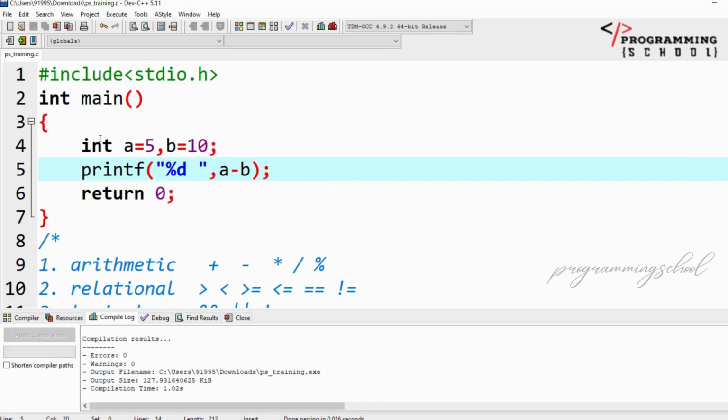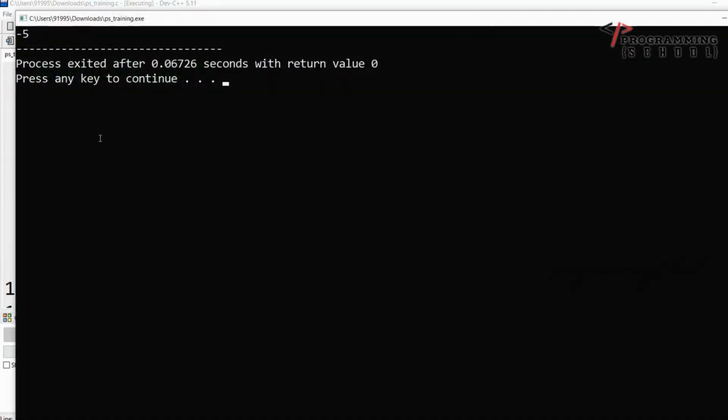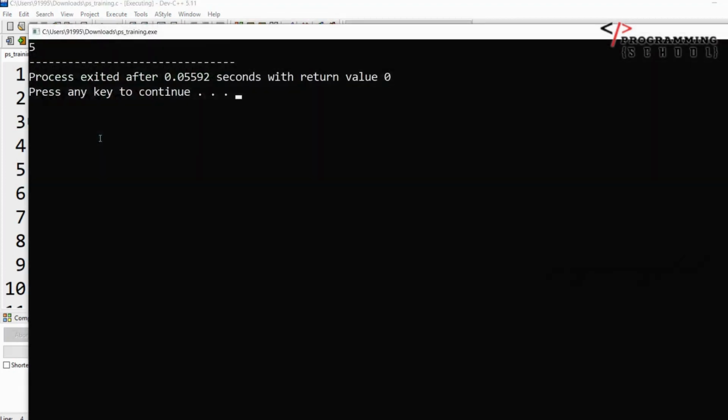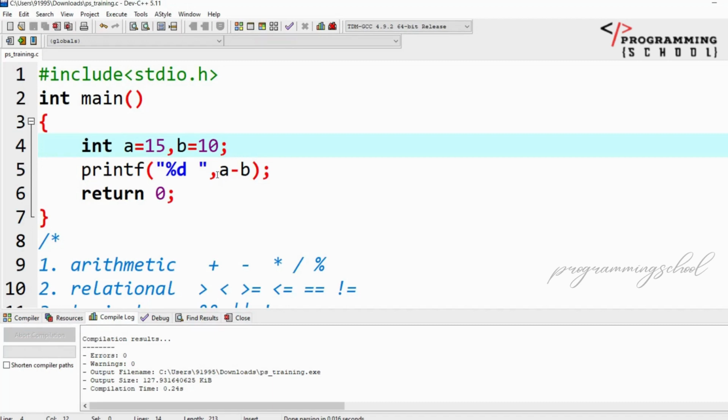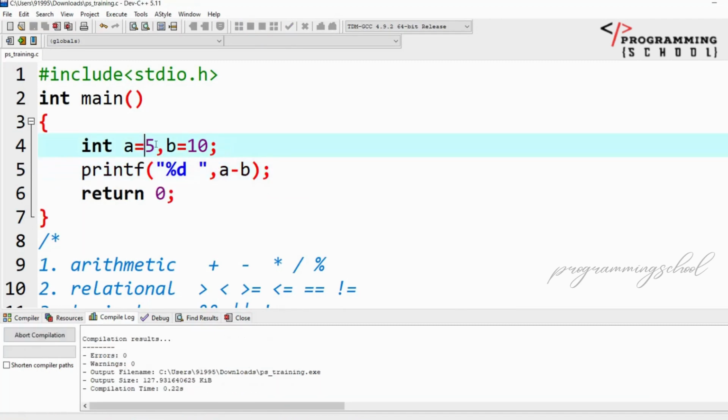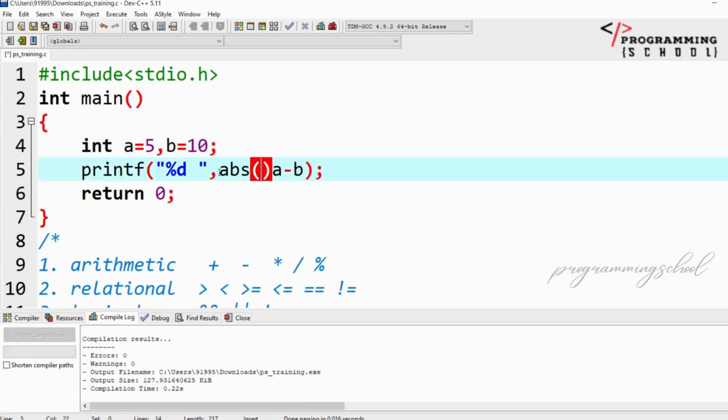For example, if I write a minus b, that means 5 minus 10, which is minus 5. If it were 15 minus 10, that is 5, so the output is 5. If you want the absolute value, here it is minus 5, and I write ABS of it. Let me execute it.